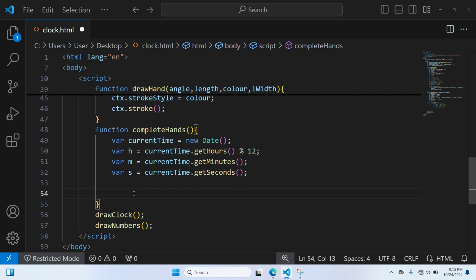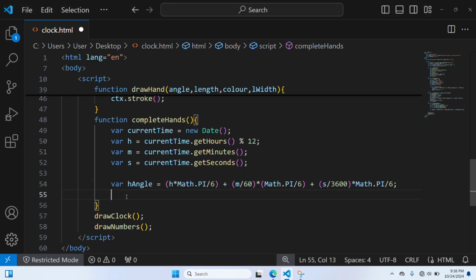Next we have to calculate the angle by which the hour hand will rotate for a particular time. So let me first calculate and then I will make you understand. Here the angle for the hour hand will be hAngle. So let's understand this one. After certain hours, the hour hand turns around by a certain angle.